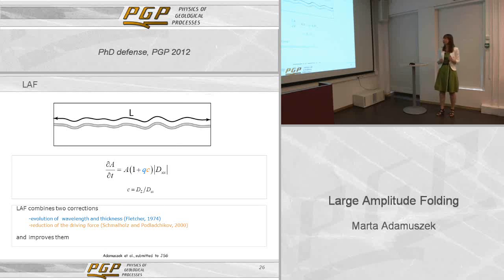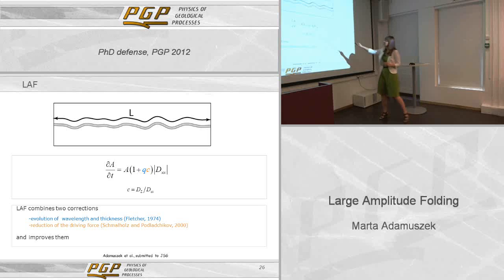So to summarize LAF, the amplitude evolution in LAF is given by such a form. It combines two corrections. The first correction employs the evolution of the wavelength to thickness ratio, which is incorporated with the evolution of growth rate. And also the second correction, the reduction of driving force, is like this C in the formula.